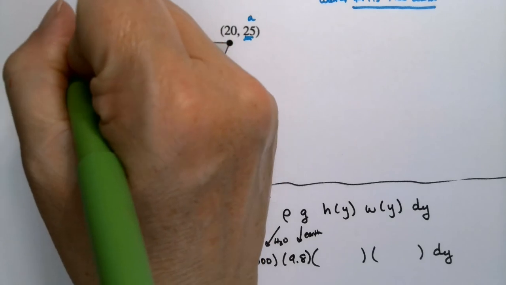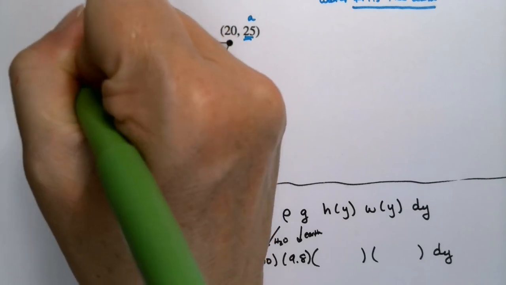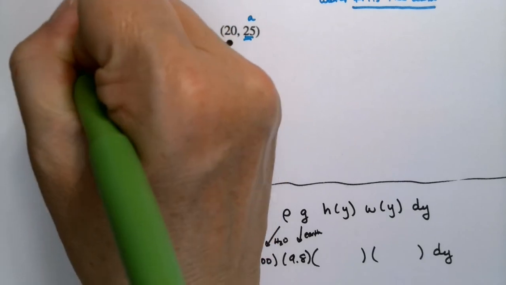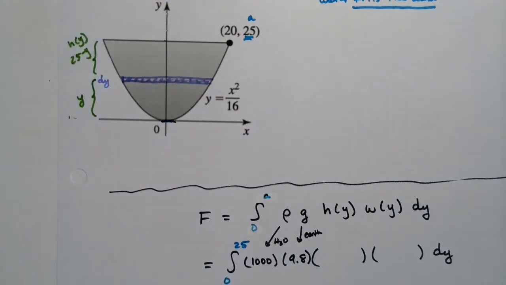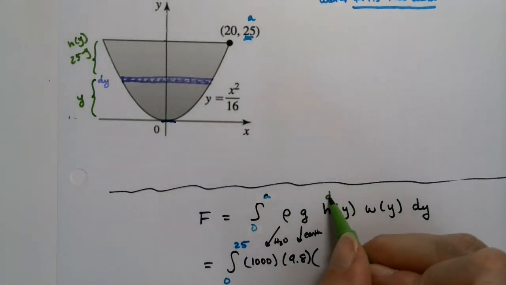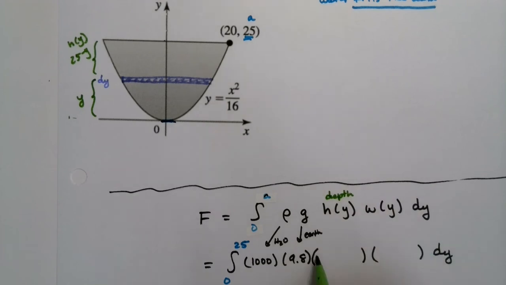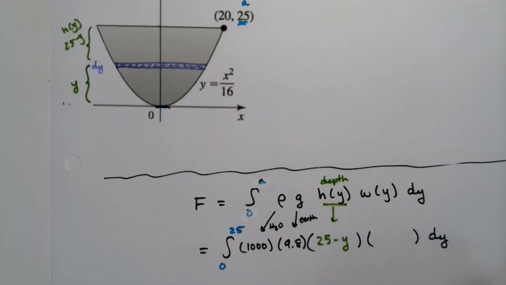The whole thing is 25, so this must be 25 minus y. That must be h of y. It's the depth, right? So this is the depth. So I'm going to say it's 25 minus y. Clever, huh?